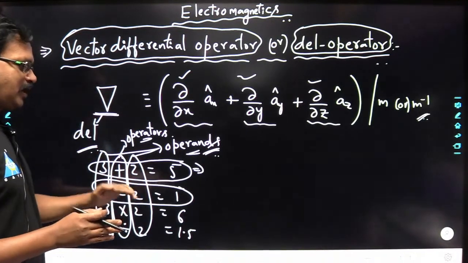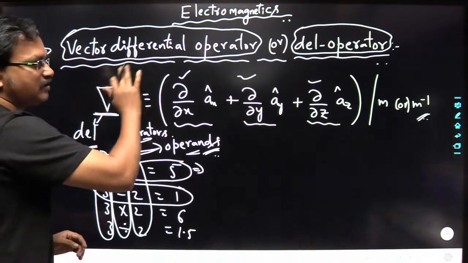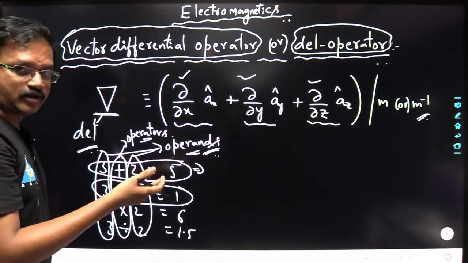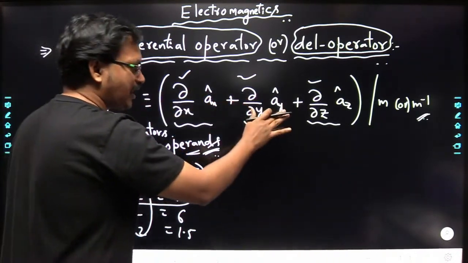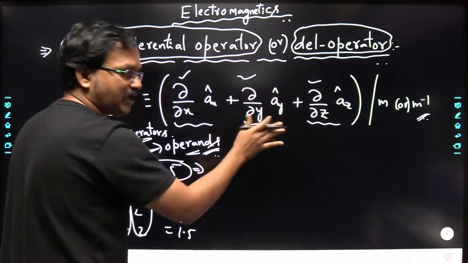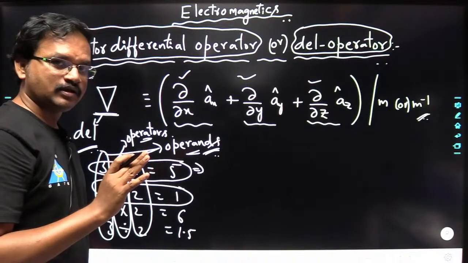So in the same manner, this is also nothing but a vector differential operator. If you simply represent this operator, the operator itself doesn't have any meaning. Yes or no?